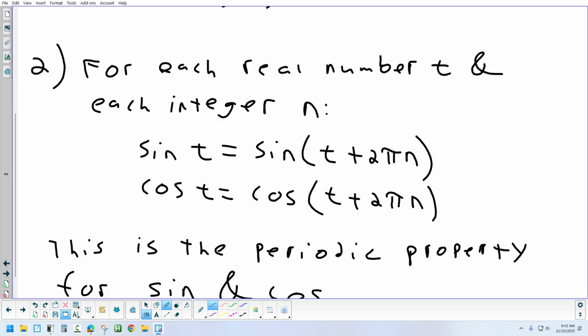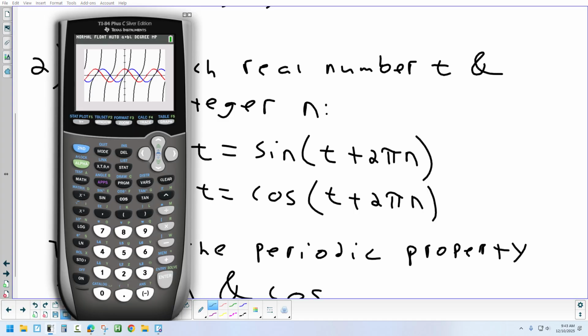So if you take sine and you add or subtract n times 360, and n could be a negative number because integers can be negative, you can add or subtract any amounts of 360 and you will always get the same answers when you do sine and cosine. And if you want to do it in radians, you could add and subtract multiples of 2 pi.